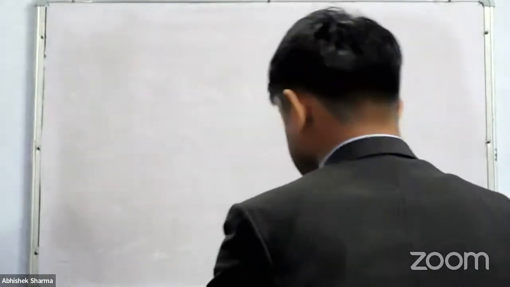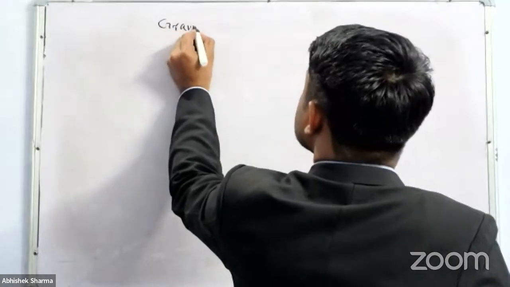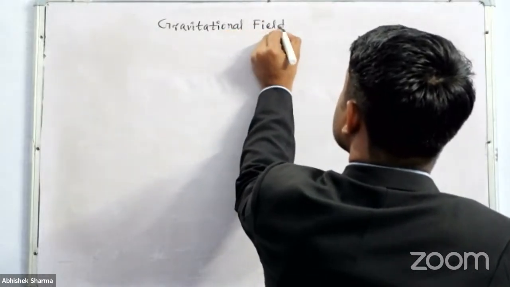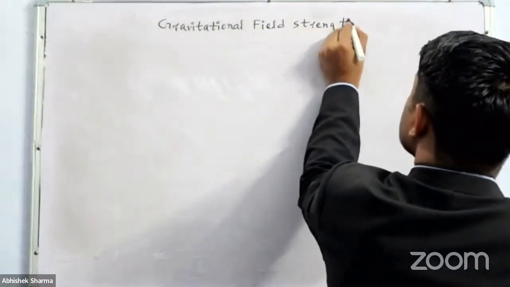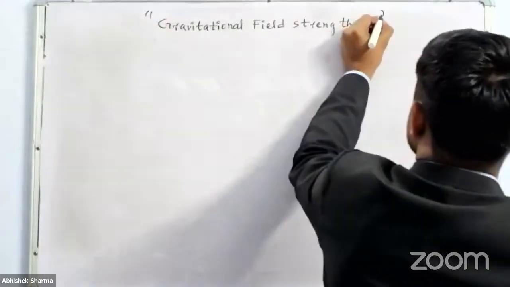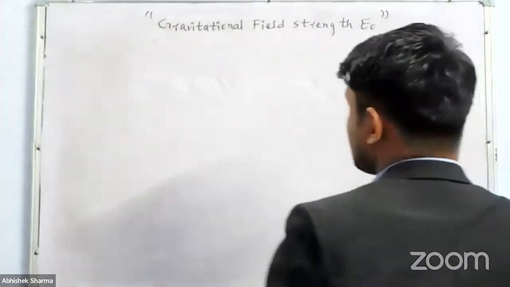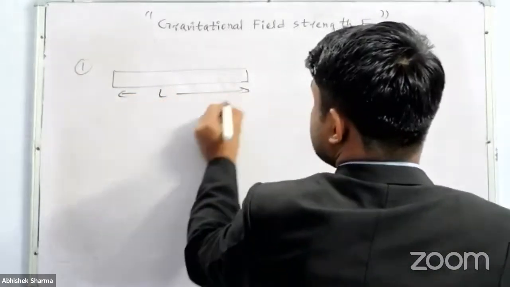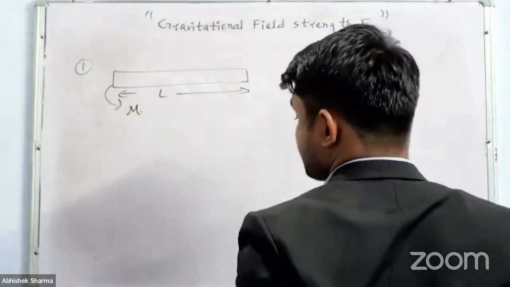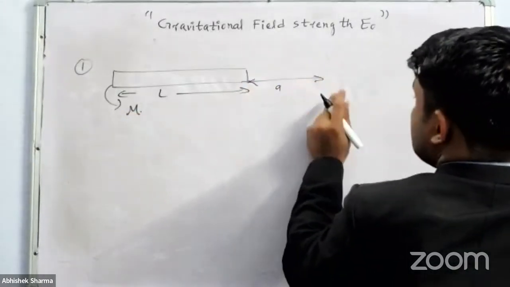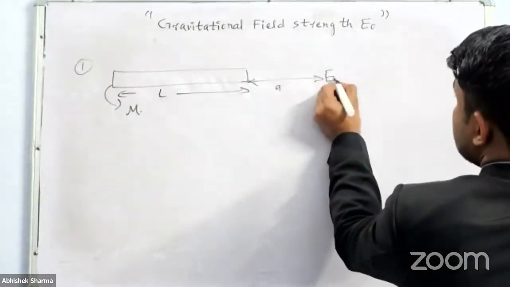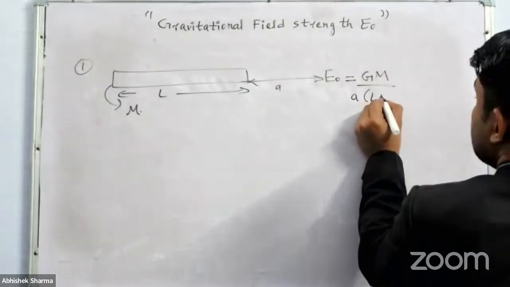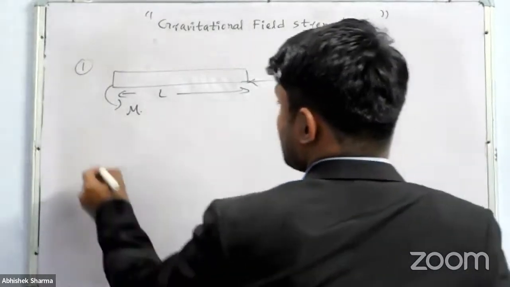So at a distance A, the gravitational field strength is equal to GM upon A times (L plus A).